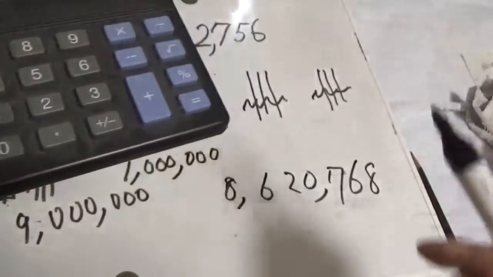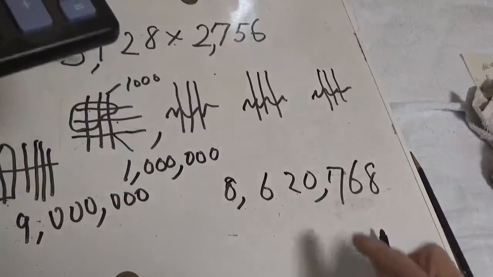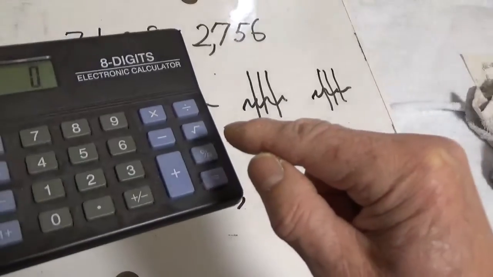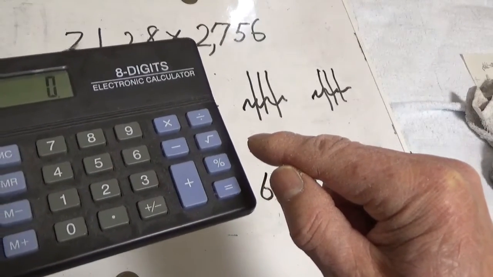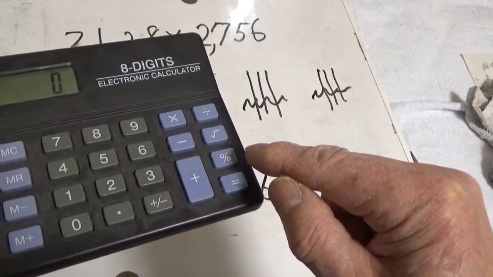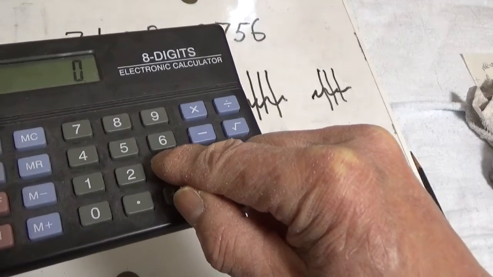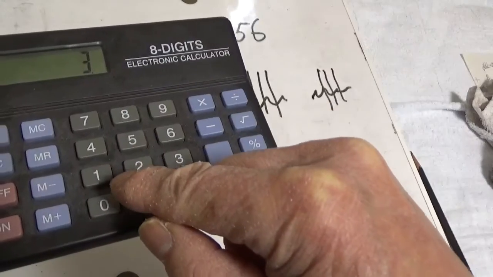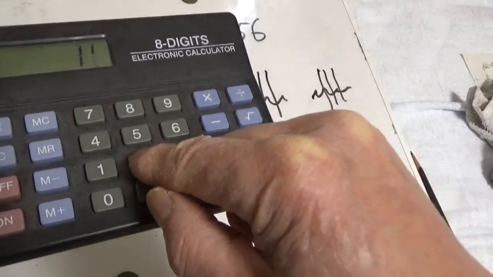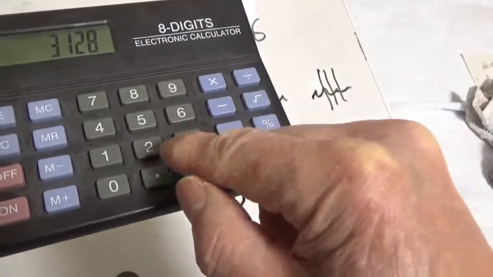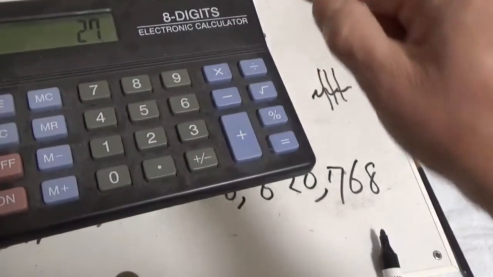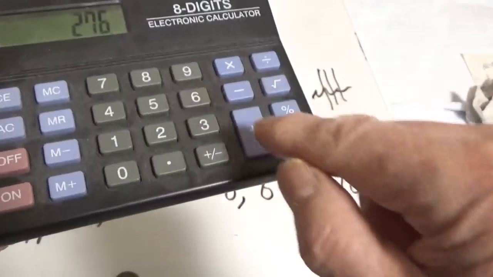So it is probably right. But if you make an error in calculation, 3,128 multiplied by 3,7, you miss 5 and 6. Okay?